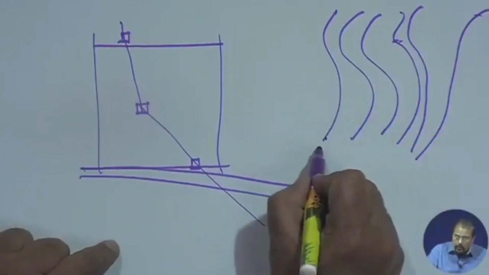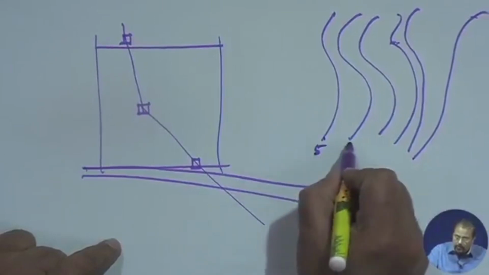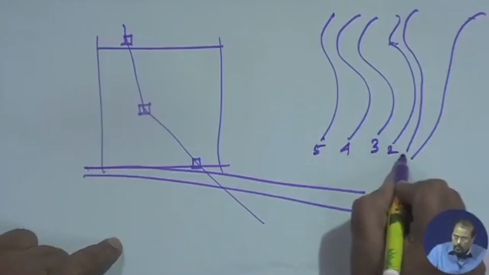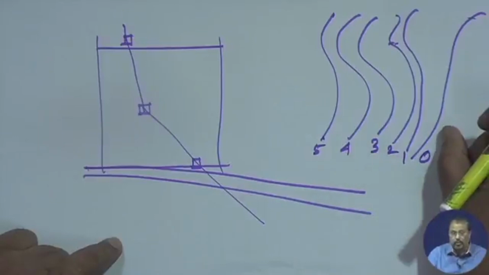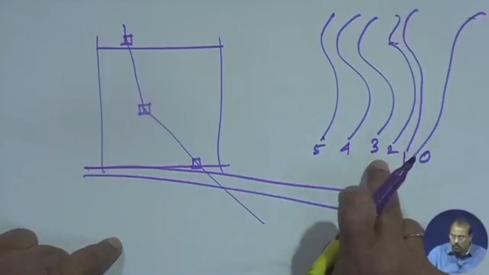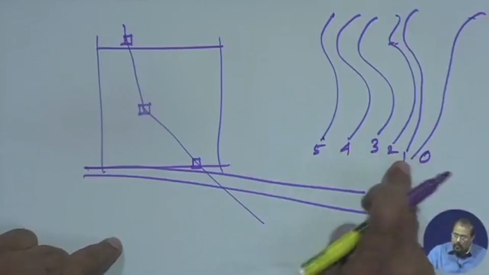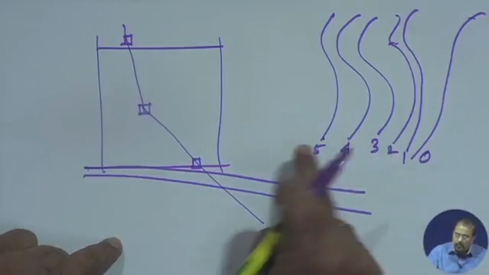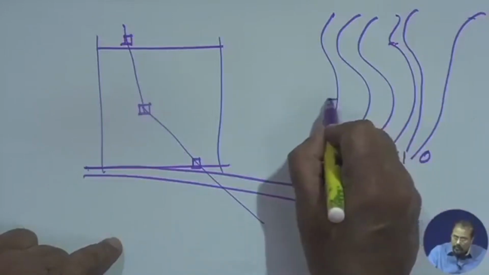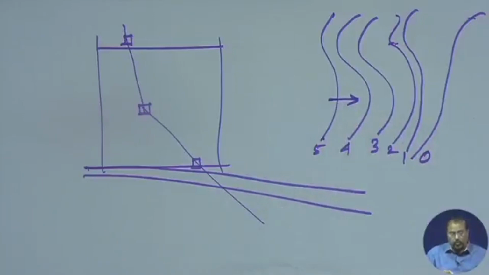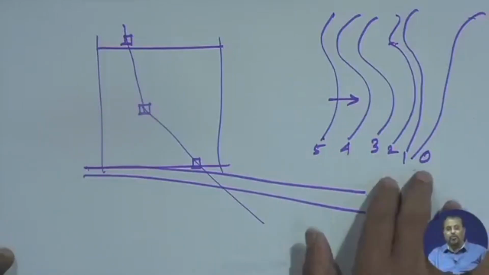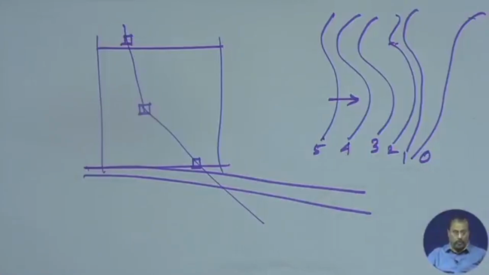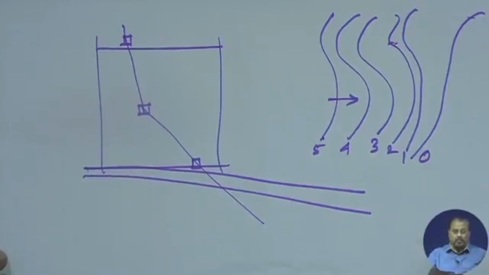Suppose this is level 5, 4, 3, 2, 1 and 0, where 0 is the lowest level, then higher by 1 meter, 2 meters above 0. So 1 meter, the next 1 meter, the next 1 meter, and so on. It will give me a very clear idea that this is sloping in this direction. So the contour analysis has some reasons for doing that analysis. This is a contour drawing, but why you should do it, I will come to that when I discuss each of them. Then the slope analysis.